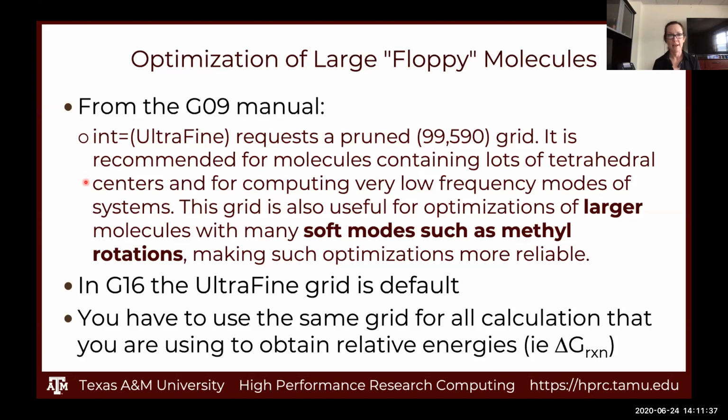You're not going to get exactly the same answer because there are always variations in the grid and the way that it handles the numerical component of DFT. There are also some other subtle modifications that are often slightly different in the implementation of the functionals. So the reason that I'm pressing this point is you want to stick with the same piece of software when you're doing your research.